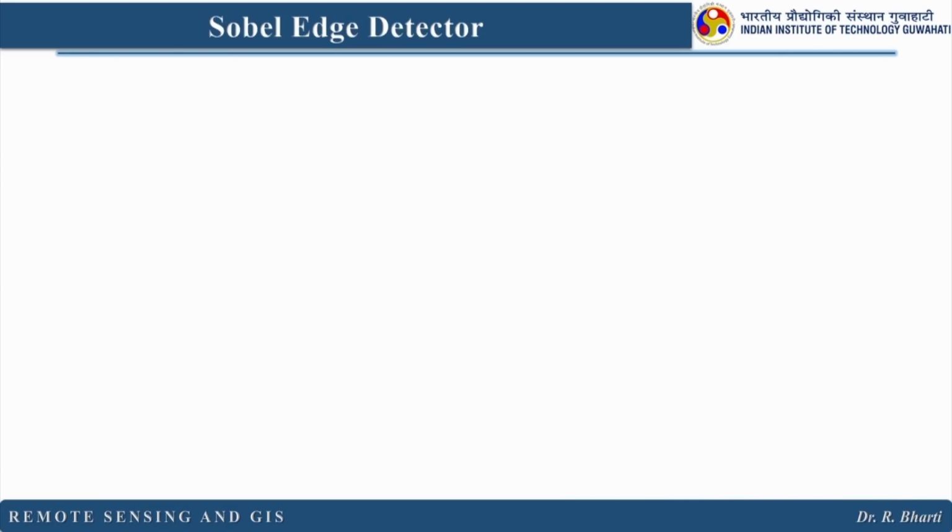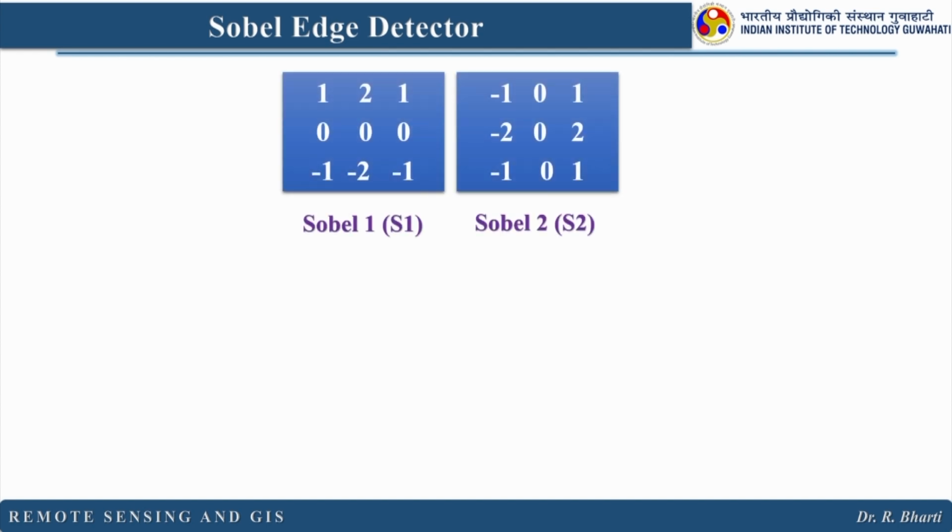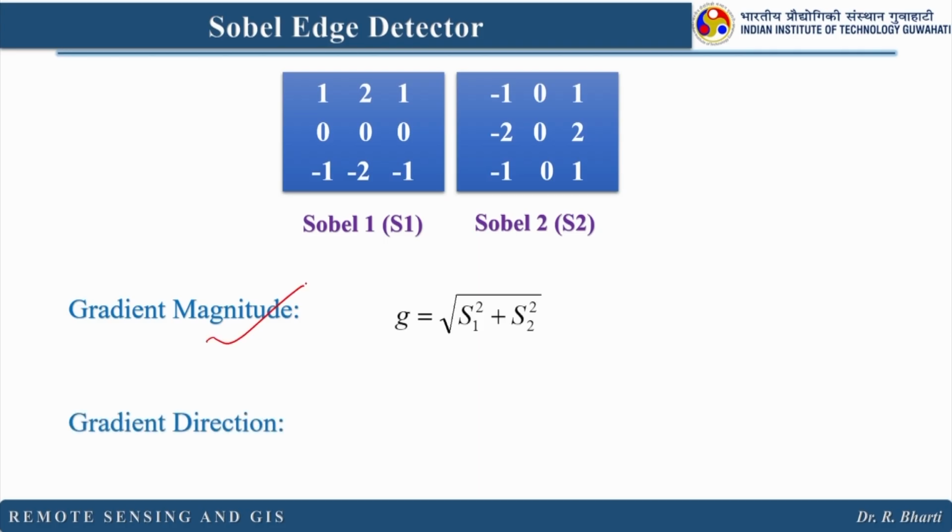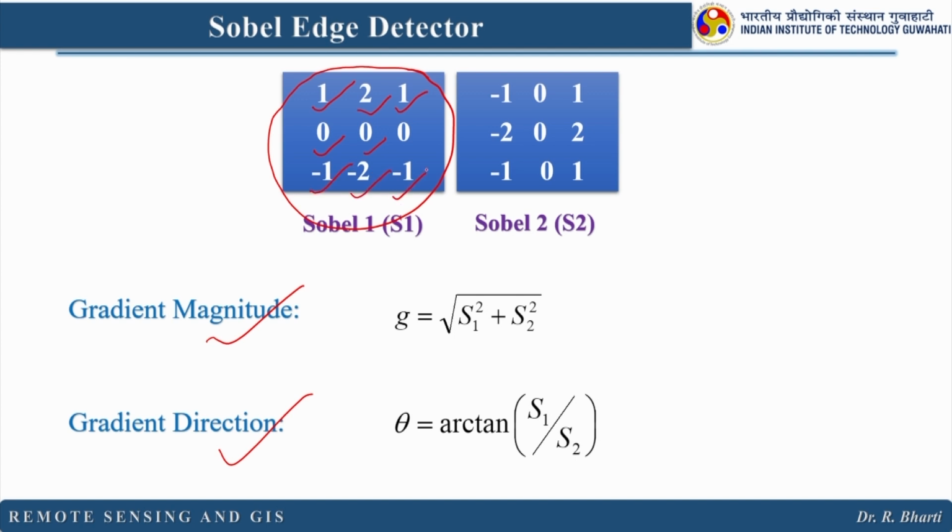Now the next detector is the Sobel edge detector. In the Sobel edge detector, we use a 3x3 kernel, right, as the neighborhood size, and then we use the magnitude and the direction, right? So this is simple. The only thing is we only call it the Sobel detector when the neighborhood size is 3x3 and the weightage given in this particular detector is 1, 2, 1, 0, 0, 0, minus 1, minus 2, minus 1, right?